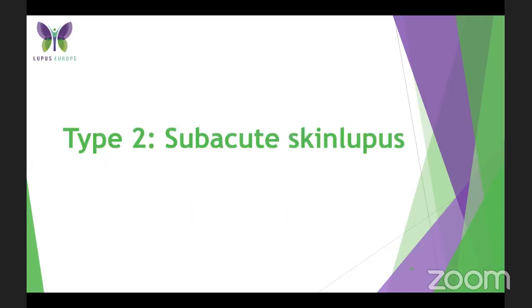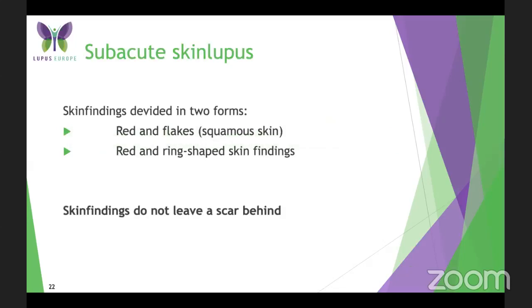The second type of skin lupus is subacute skin lupus. Next slide, please. This is a variant that I often see in clinic when patients visit me. And in order to make it a little bit more difficult, the subacute form of skin lupus can also be divided into two clinical forms. This means that it's the same diagnosis, but patients might develop two different forms of skin findings.